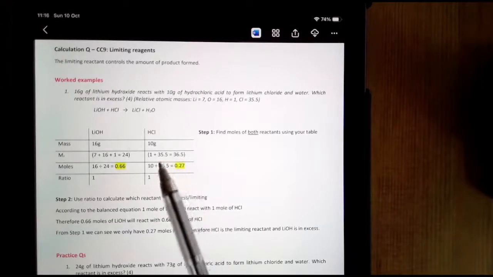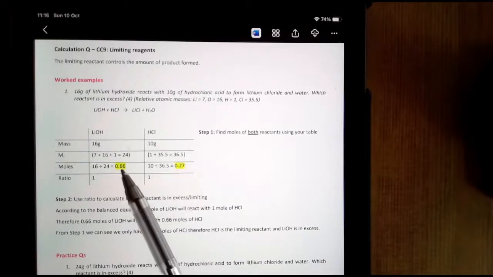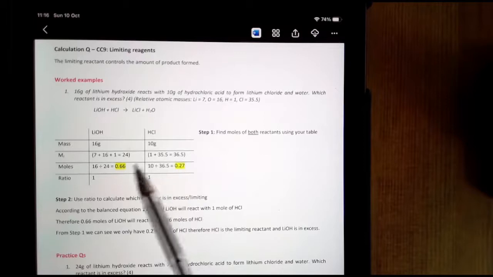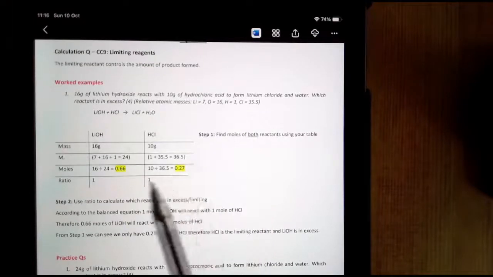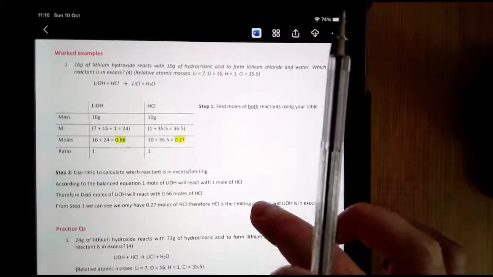You could look at HCl and say, if I have 0.27 of HCl, then I need 0.27 of LiOH. You look at the amount of LiOH you have, you see that it's more than what you need, and again, you would conclude that HCl is the limiting and LiOH, because it's more than you need, we say it's in excess.